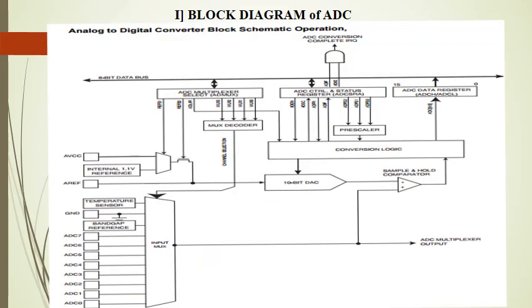Here a block diagram of the analog to digital converter of Atmega is shown. It consists of a multiplexer wherein the input channels are connected, as well as three registers: the data register, the control and status register, and the ADC multiplexer register.